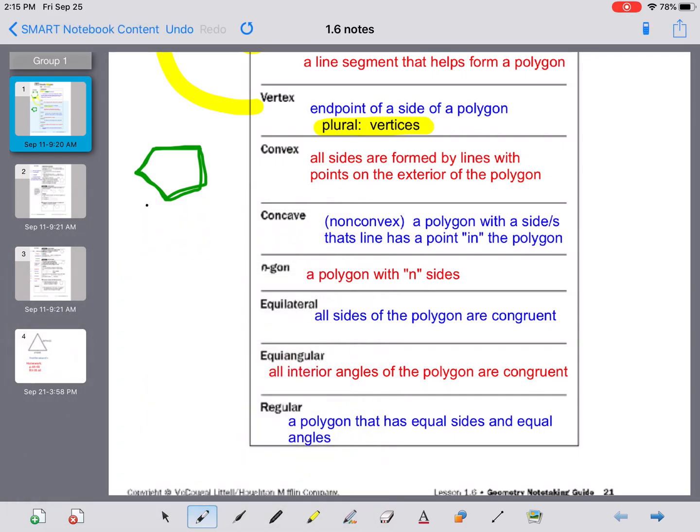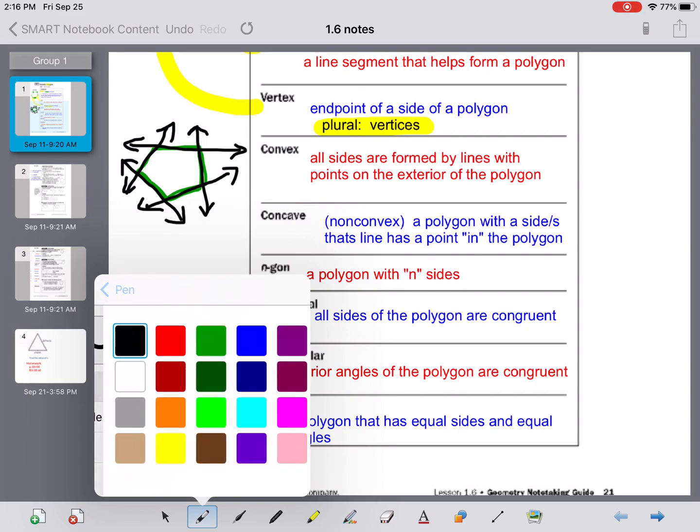So if I extend this line, and this line, and this line, and this line, and finally this last line, notice every one of them, the lines keep going on and on and on outside of the polygon, okay? That's convex.